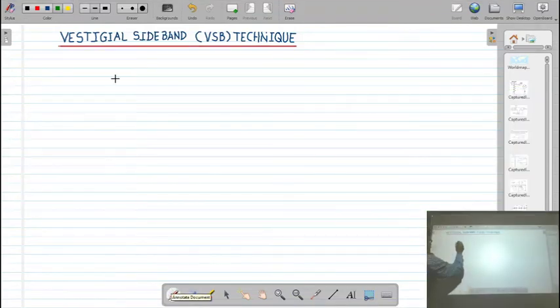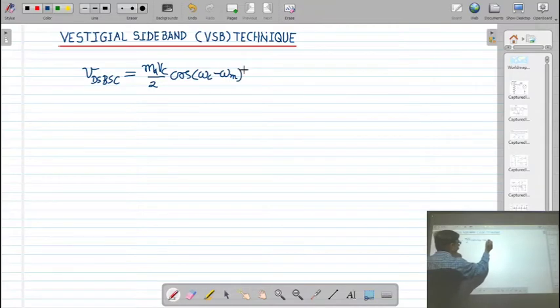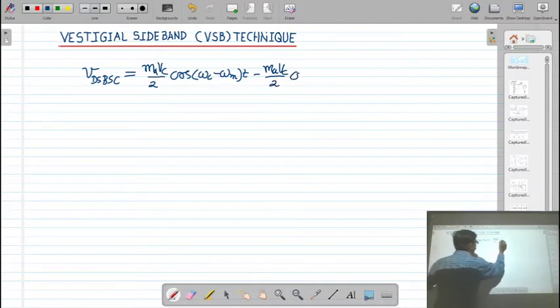Now, the expression for the DSBSC signal is given as mAc/2 cos(ωc − ωm)t − mAc/2 cos(ωc + ωm)t.